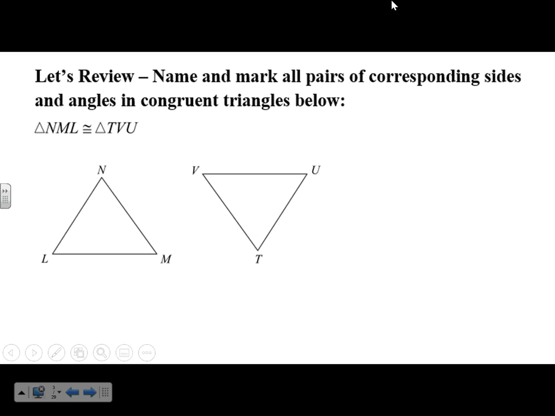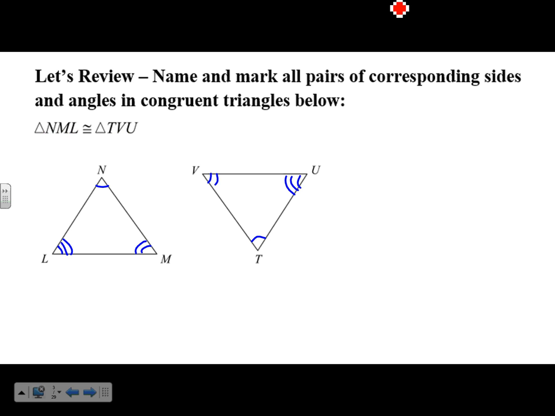Name and mark all the pairs of corresponding sides and angles in the congruent triangles. So since the triangles are congruent, that means angle N is congruent to angle T, angle M is congruent to angle V, and angle L is congruent to angle U. I like to mark those angles out first before I do the segments because I think it's a little bit easier.